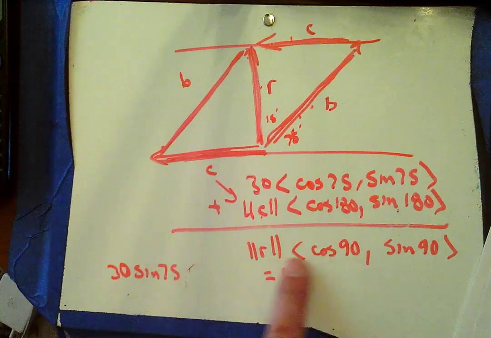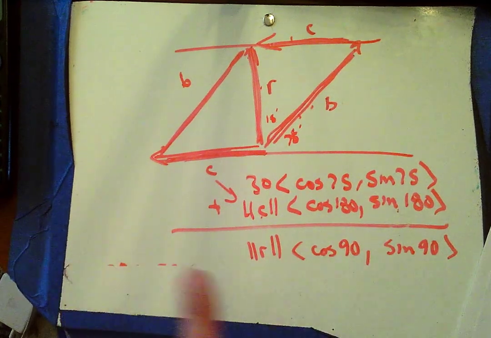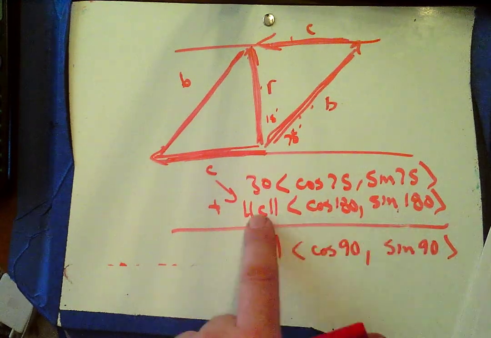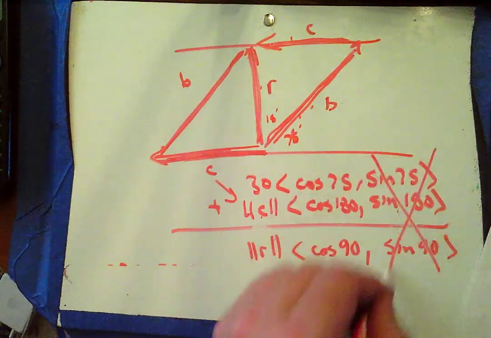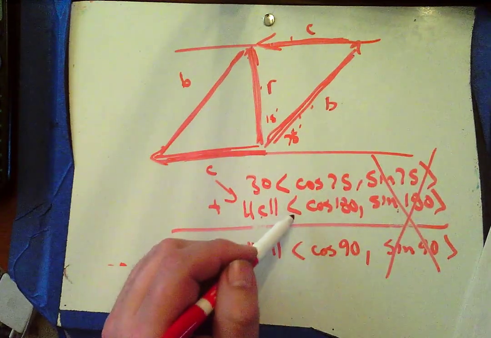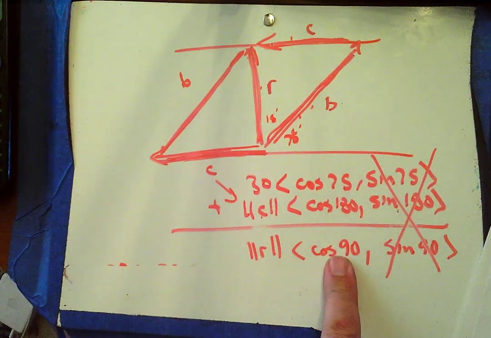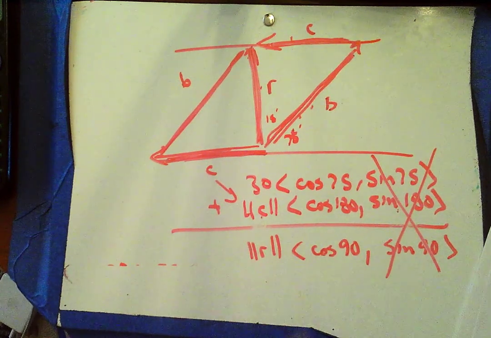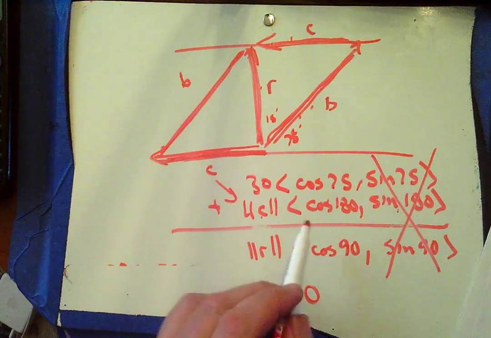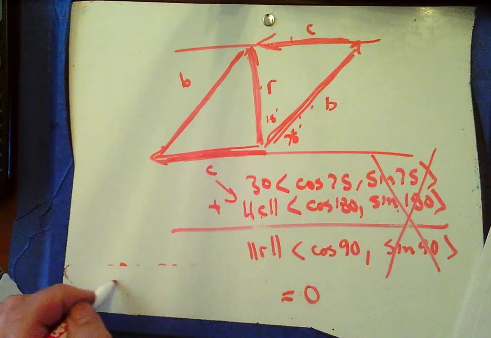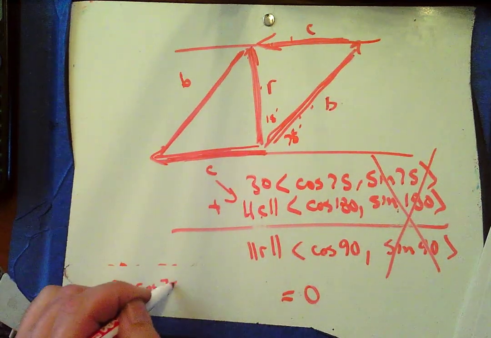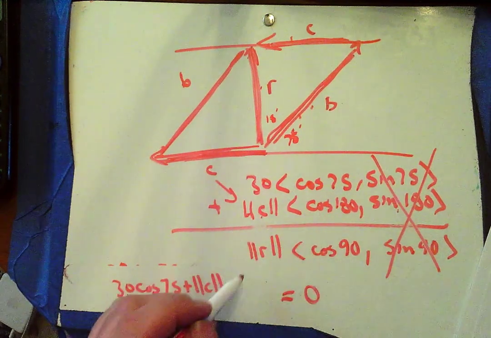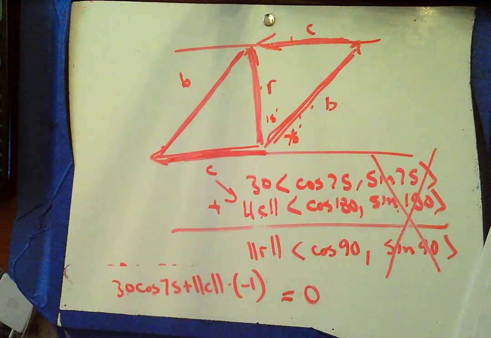Okay, but that's not the thing we're trying to find. We're trying to find the current. So I don't want the choice that gets rid of current. I'm not going to be using sines here. I'm going to be using cosines. Now the cosine of 90 is 0. And 0 times this will be 0. And that's nice. So I've got 0 equals 30 cosine 75 plus magnitude of c times the cosine of 180, which is negative 1.